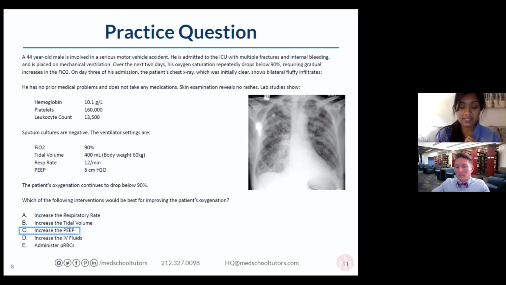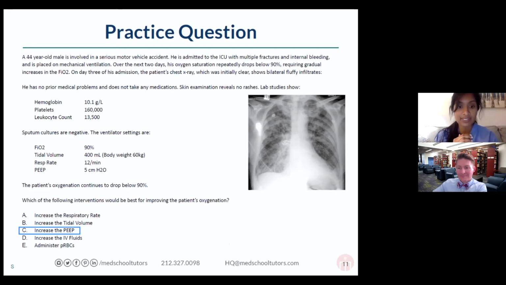In this case, they tell us that the FiO2 is 90% and that the PEEP is 5. So if we think back about the slides we were talking about with PEEP and FiO2, an FiO2 of 90% is incredibly high. As Joe was saying, really anything above 60, you're making minimal changes at that point. Honestly, I've never actually seen 90.